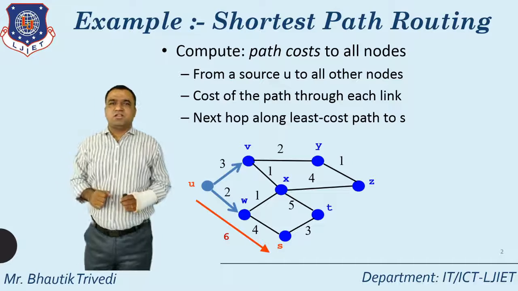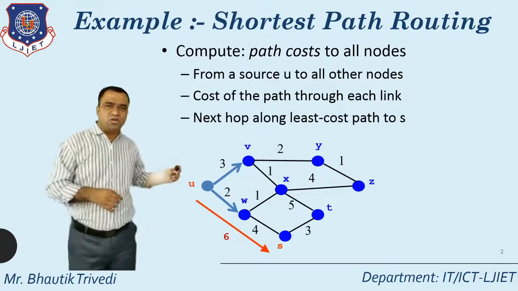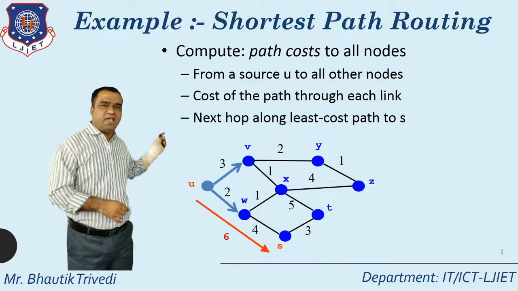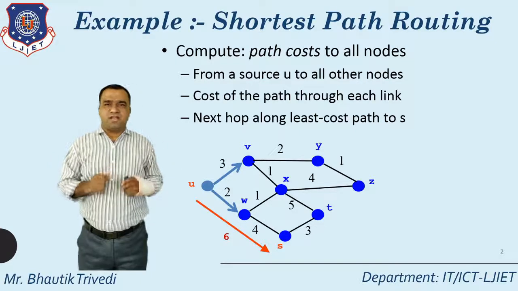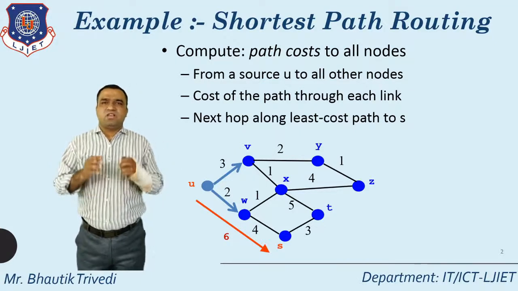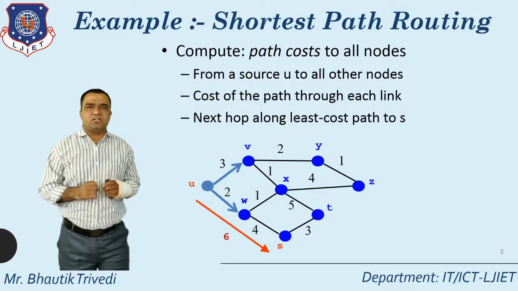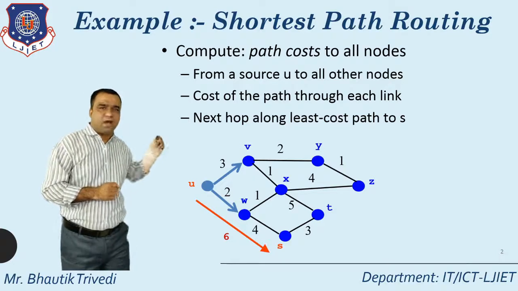In this, the total number of nodes: let's start with the nodes S, U, V, W, X, Y and Z. So start from S up to Z. Here, using shortest path routing, I directly demonstrate how I measure the shortest path.